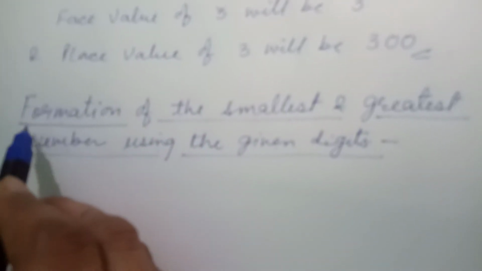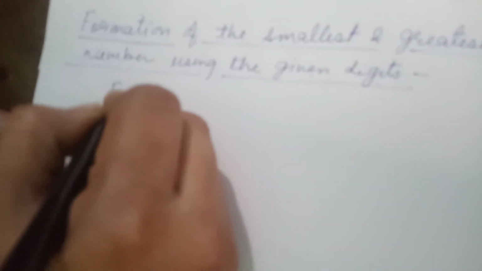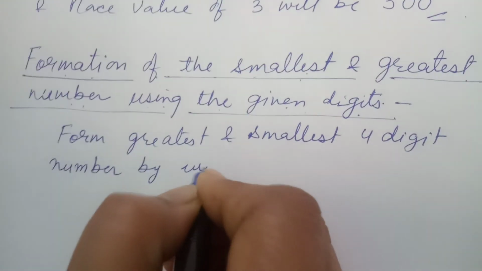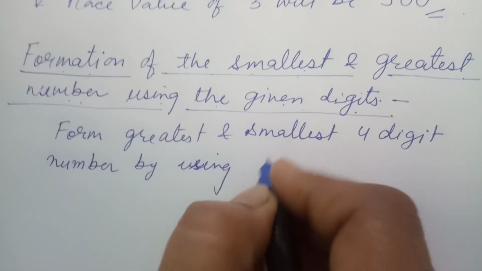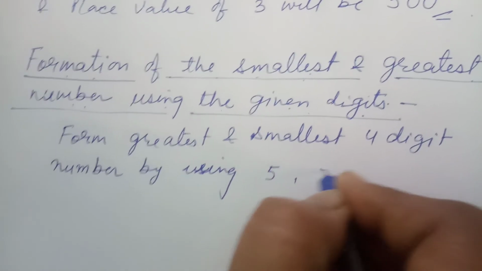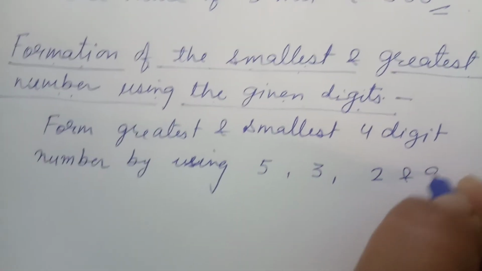I will explain this by taking an example: the greatest and smallest four-digit number by using 5, 3, 2, and 9.